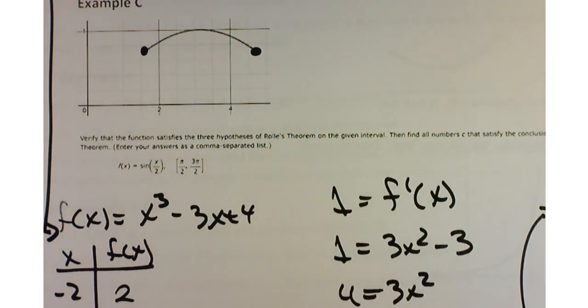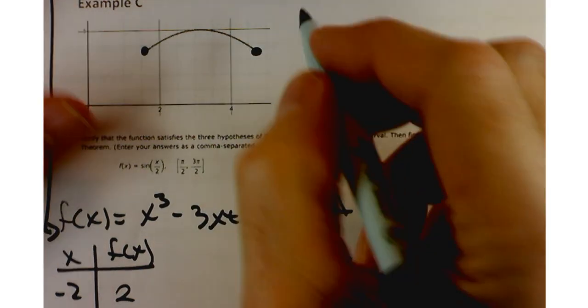So we're good there. Is the function continuous? Yeah. Now your quick check for continuous is, can you draw this without lifting your pen from the paper? There's no jump discontinuities, there's no holes, there's no vertical asymptotes in this graph, so we're okay there. It's continuous.